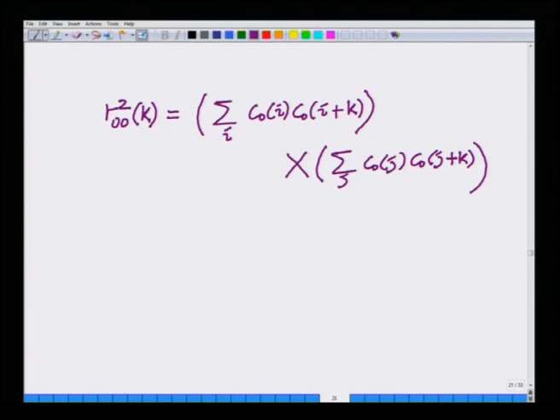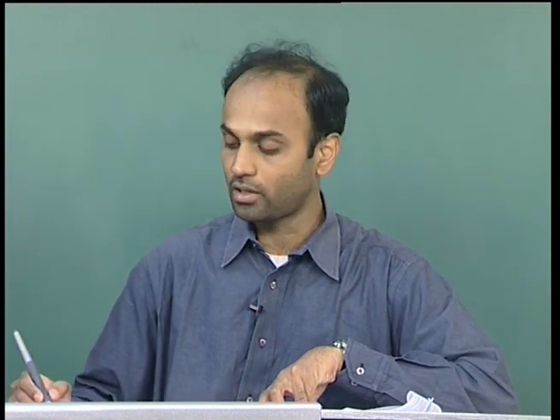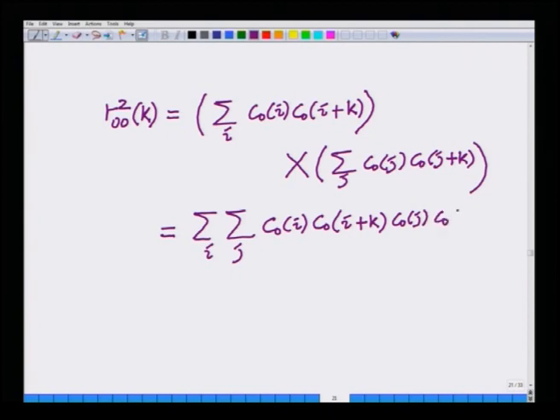These i and j are simply summation indexes, so do not get confused with them. They are the same term represented by different summation indexes, and I will write them as a double summation over i, over j, of C0i, C0i plus k, C0j, C0j plus k.